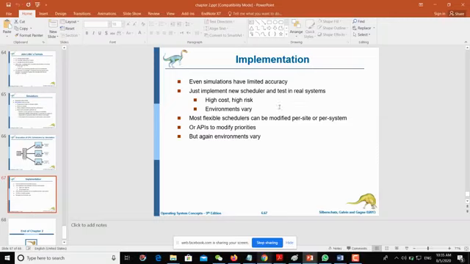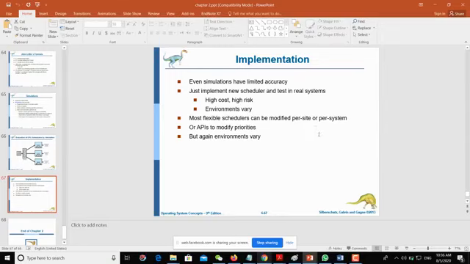Environments vary, like Linux and Windows, Solaris, Ubuntu, and further flavors differ. The mode differs, kernel mode, user mode, then the parameters and environment settings. All these things you need to keep in mind. Most flexible schedulers can be modified per site or per system.